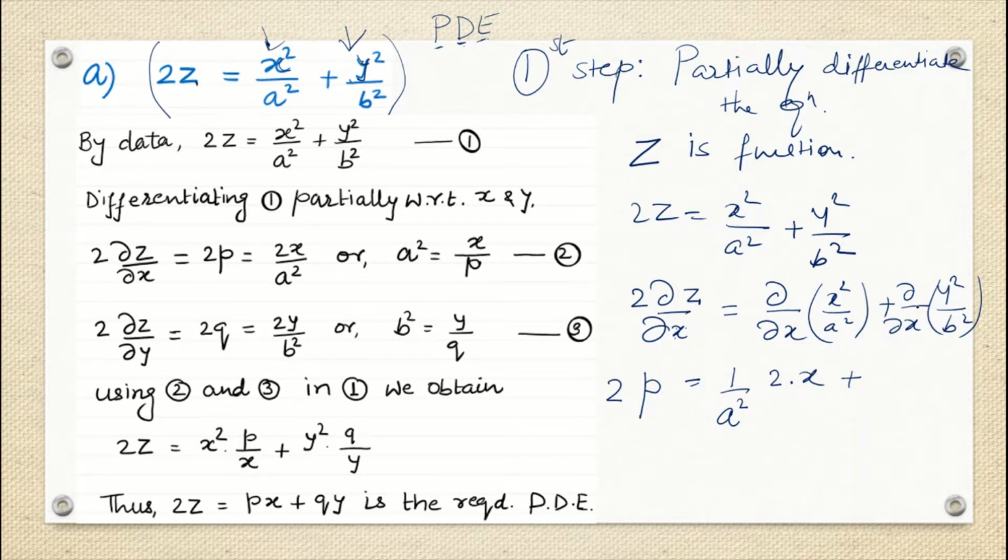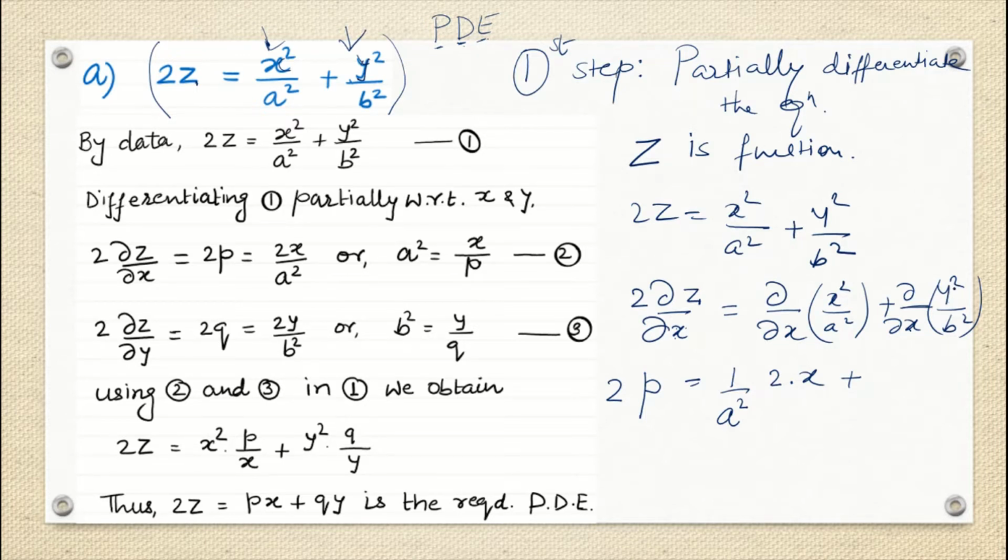Why? Because if I am finding the partial derivative with respect to x, whatever was an arbitrary constant will stay constant, but all other variables will also be treated as constant. This is only the partial derivative definition.